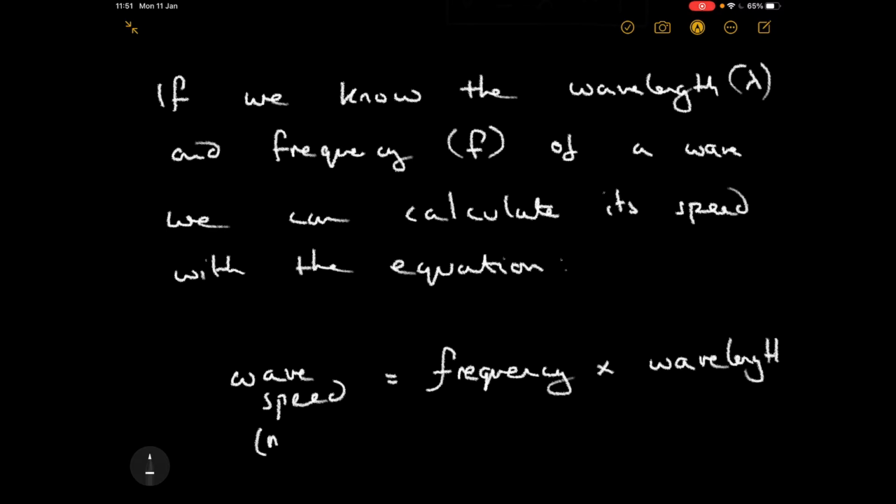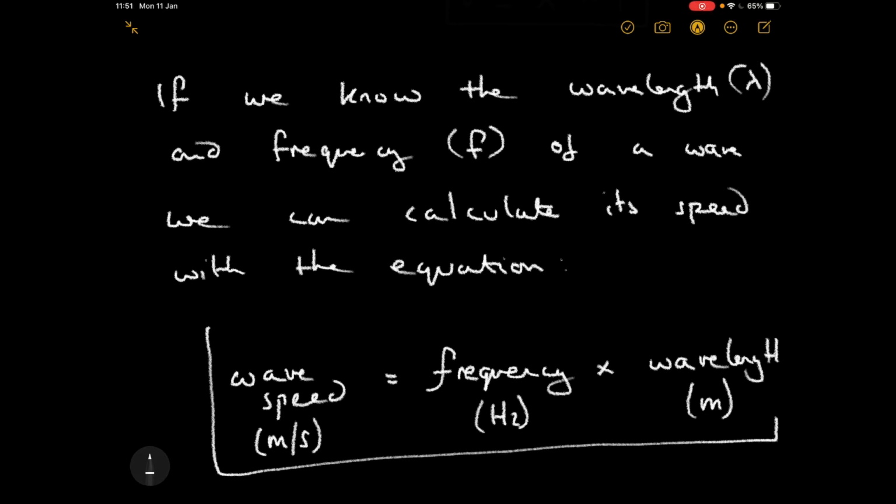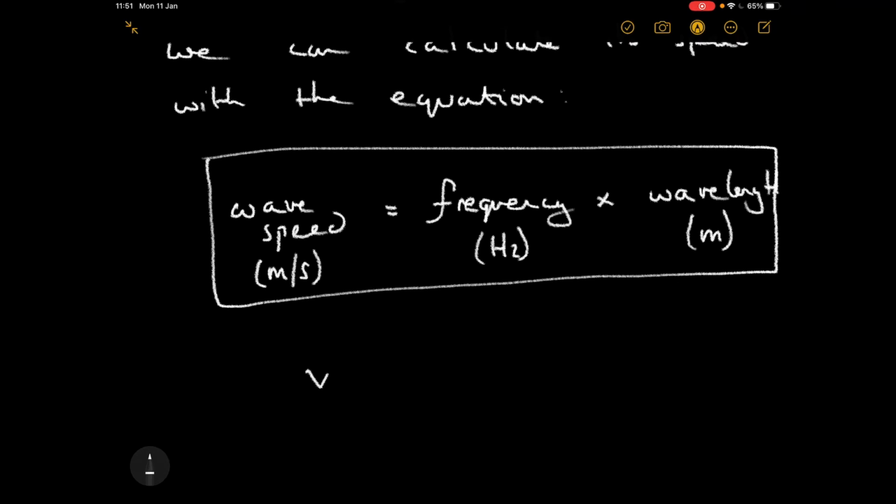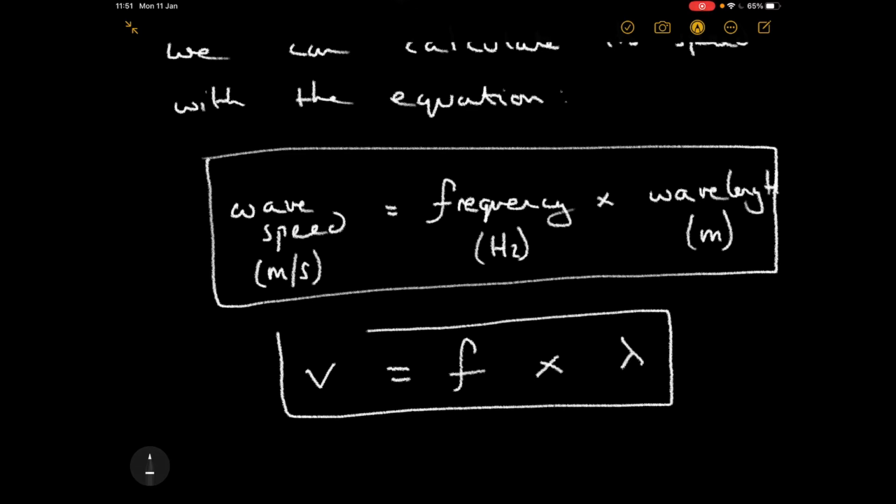Your normal units for this would be wave speed measured in meters per second, frequency measured in hertz, wavelength measured in meters. With symbols, this is often written as v equals f times lambda. And that's what's called the wave equation.